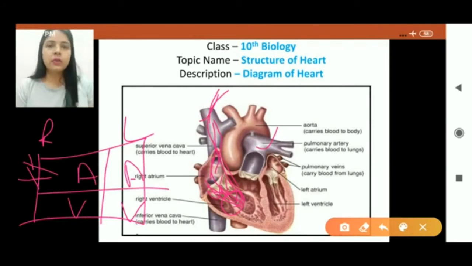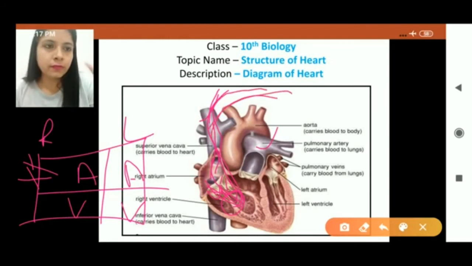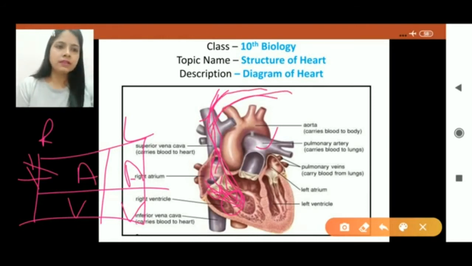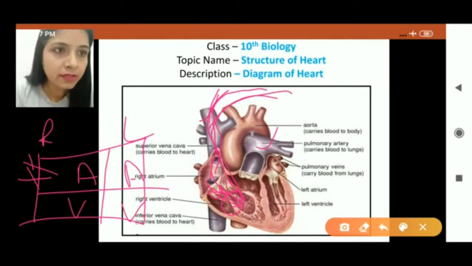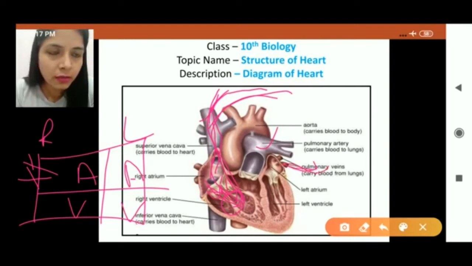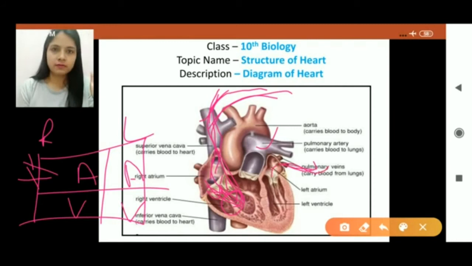They carry deoxygenated blood to the lungs, where it will be oxygenated, means it removes CO2 there and receives O2. Now this blood is oxygenated. Now the pulmonary veins receive this oxygenated blood. Here are the pulmonary veins, which carry oxygenated blood from the lungs and send it to the left atrium.